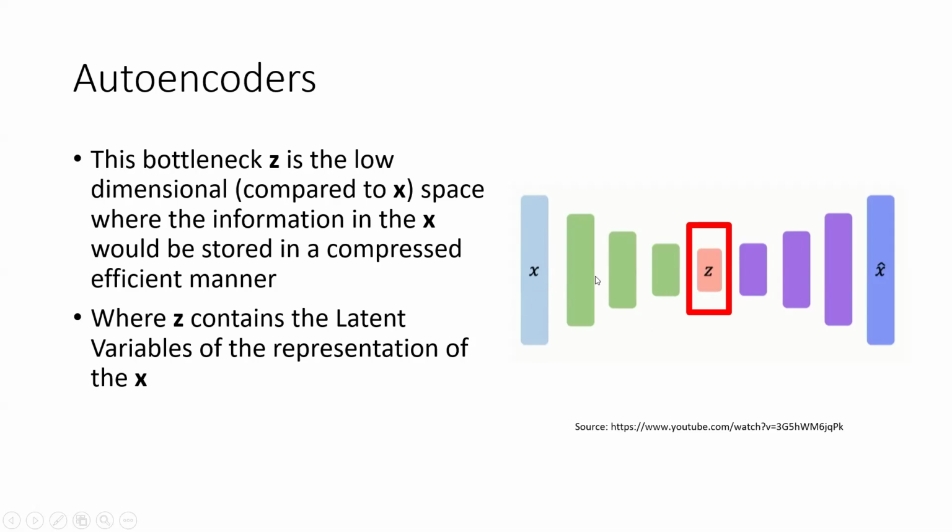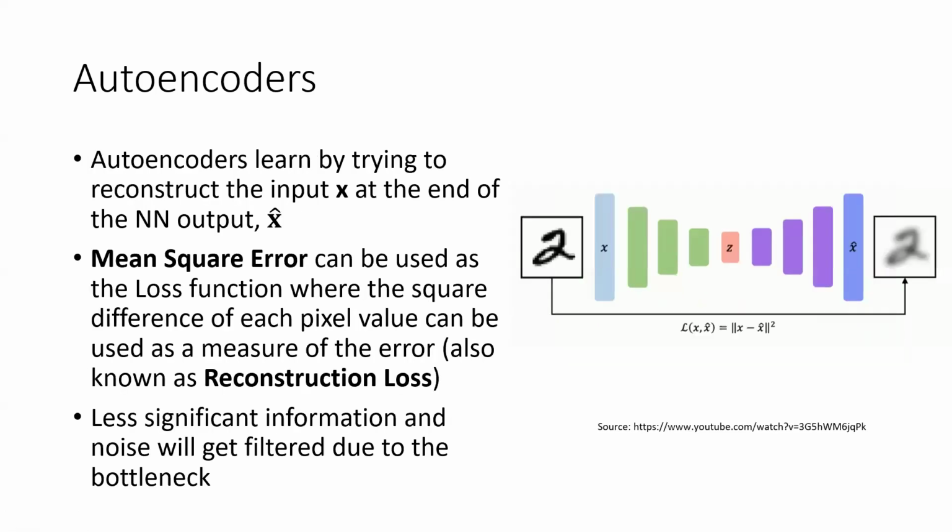Because what we are trying to do in an autoencoder is to recreate this same x vector with x hat. So in other words, what we are trying to do is give, for example, an image as the vector.